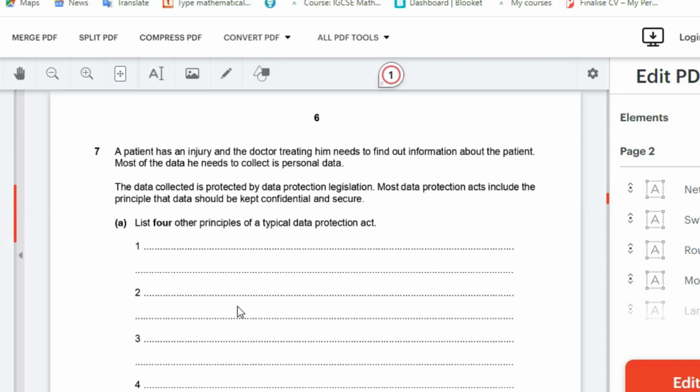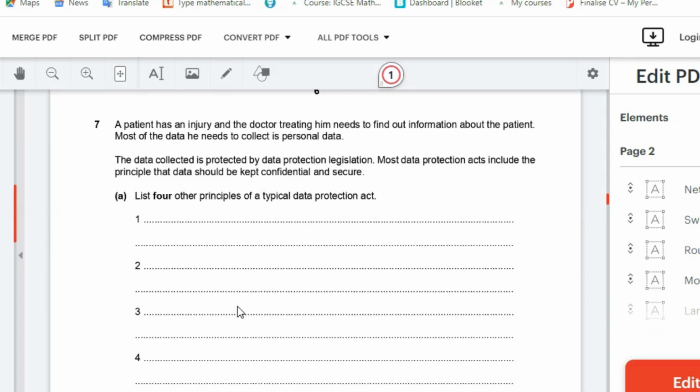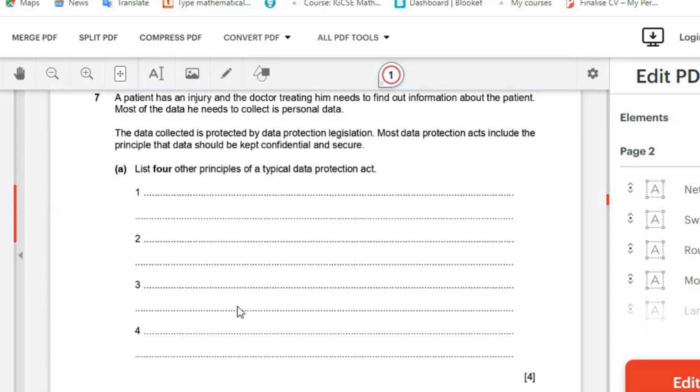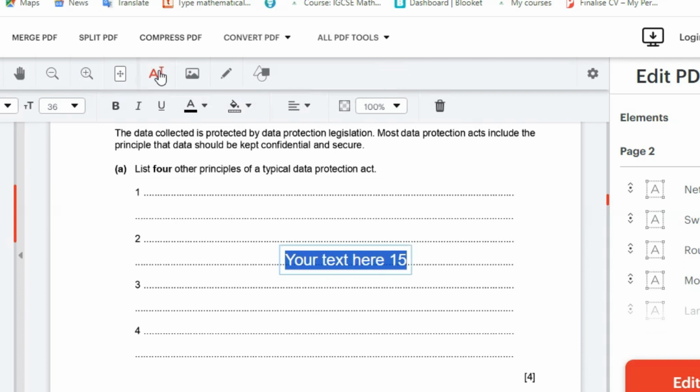Most data protection acts include the principle that data should be kept confidential and secure. A. List 4 other principles of a typical data protection act.